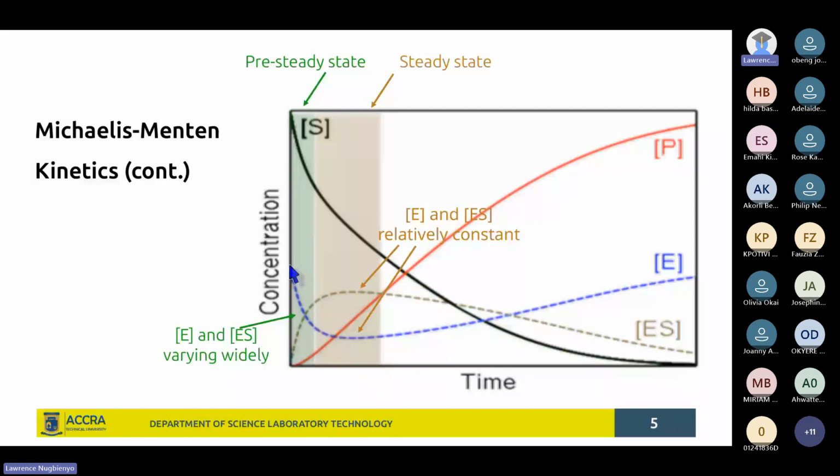So the amount of enzyme present, that's a biocatalyst present in the reaction mixture, is high. That is to say that is the maximum amount of the enzyme that is taking part, or that is catalyzing the reaction.